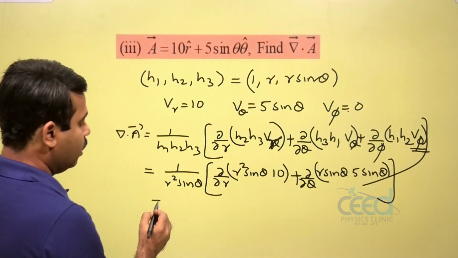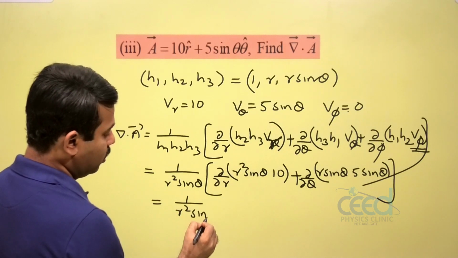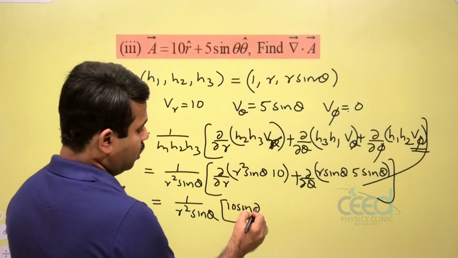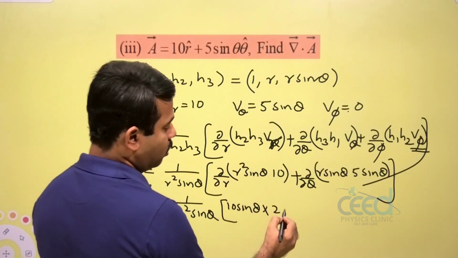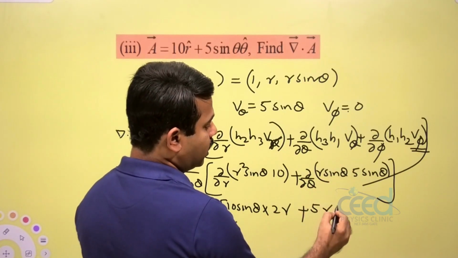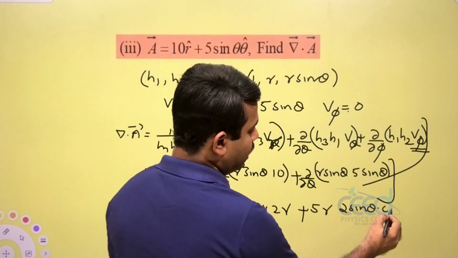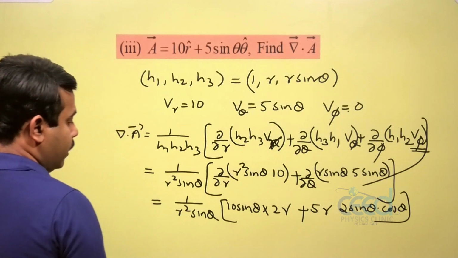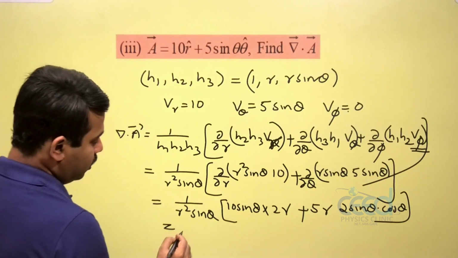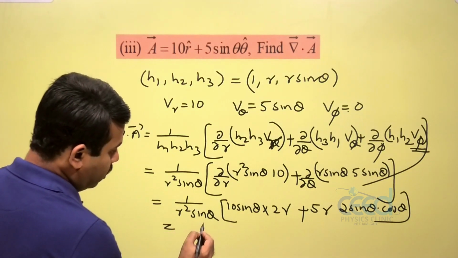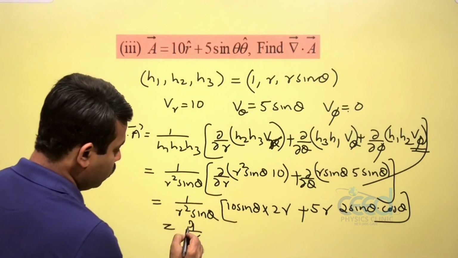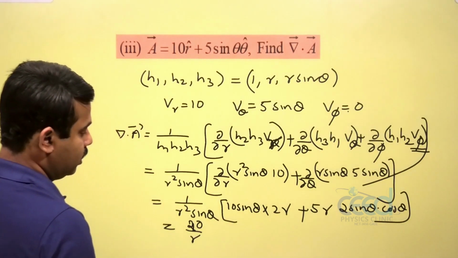Now 1 by r square sin theta, and 10 sin theta we can take out. r square on differentiating gives 2r. Plus, with respect to theta, 5r I can take out; sin square theta on differentiating gives 2 sin theta cos theta. Now let me multiply inside the bracket. Sin theta cancels, r square also cancels, so we get 1 by r into 20, that is 20 by r.